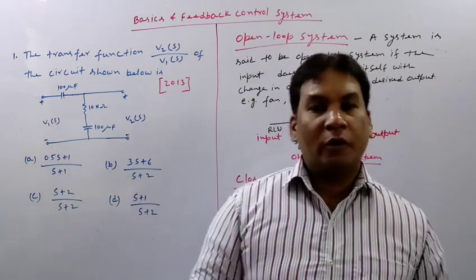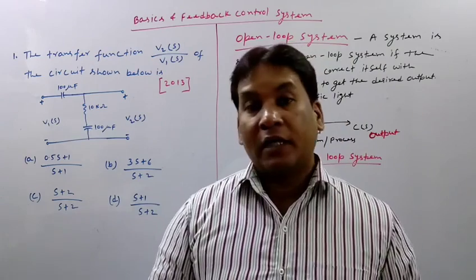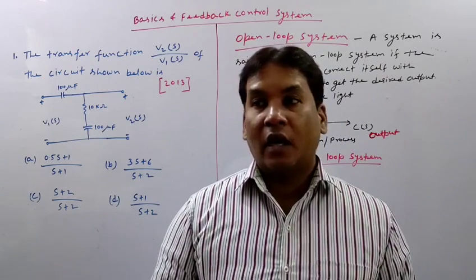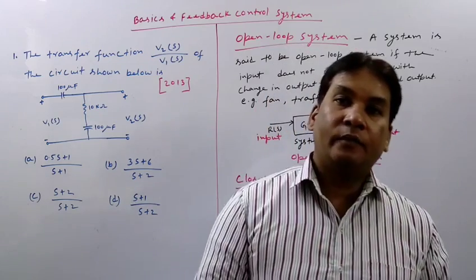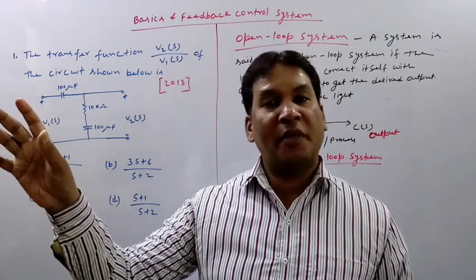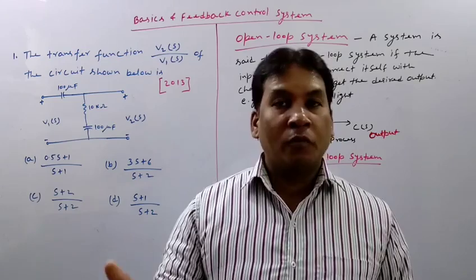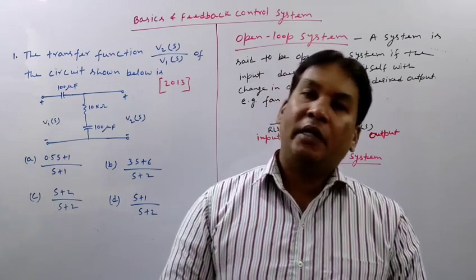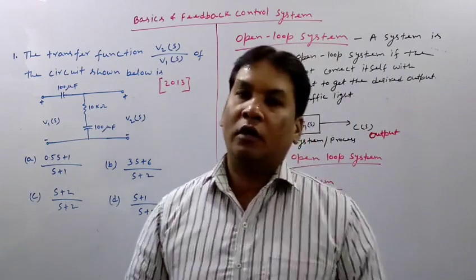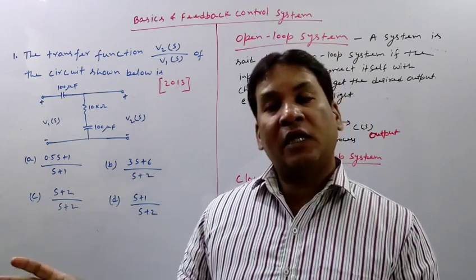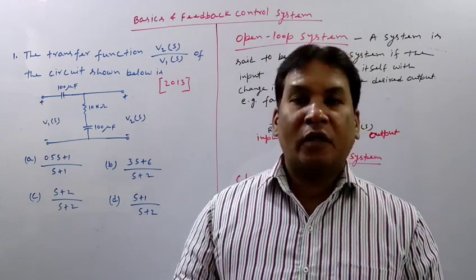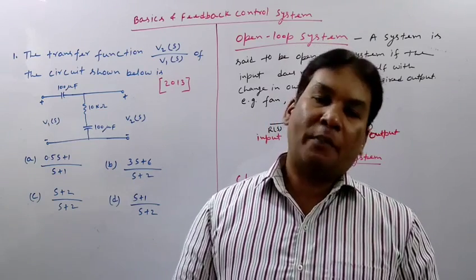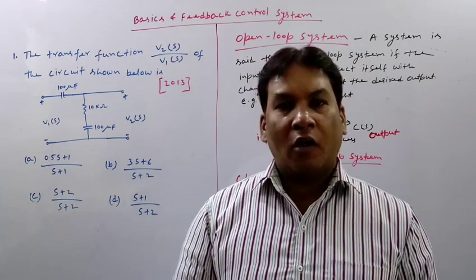Can you give me any example? Like refrigerator, iron, AC. So the AC is also sensing the temperature of your room, the environment. If it senses that the temperature is lower than the desired temperature, then the compressor gets off.